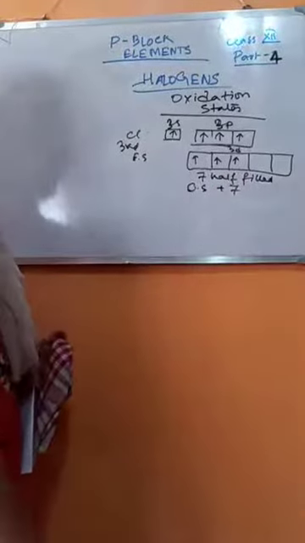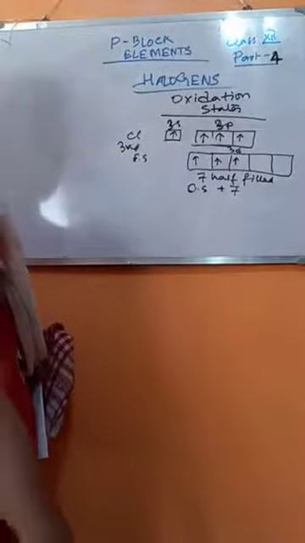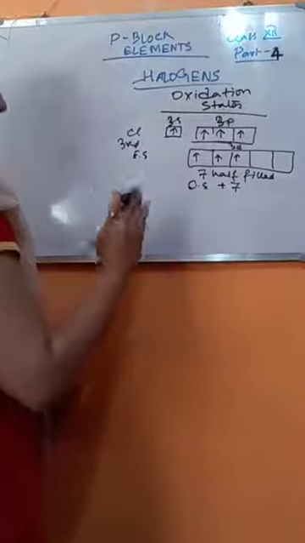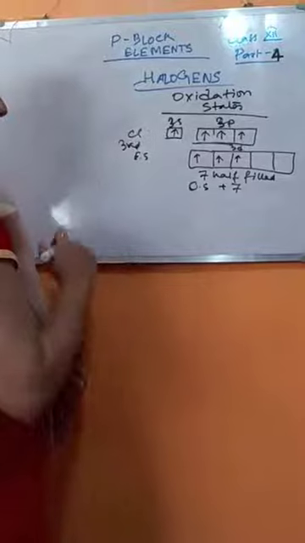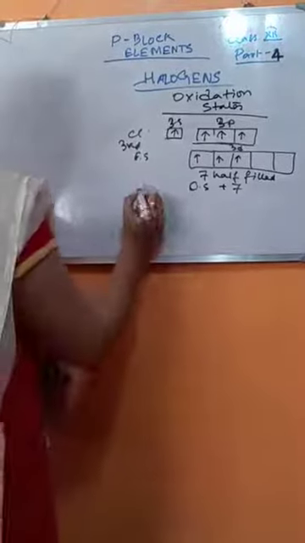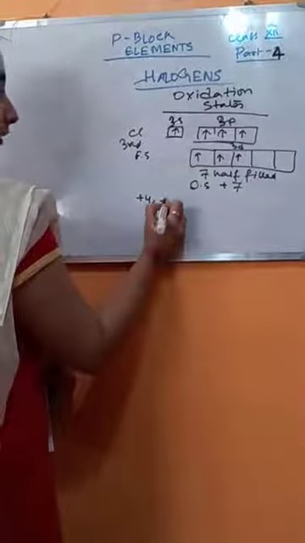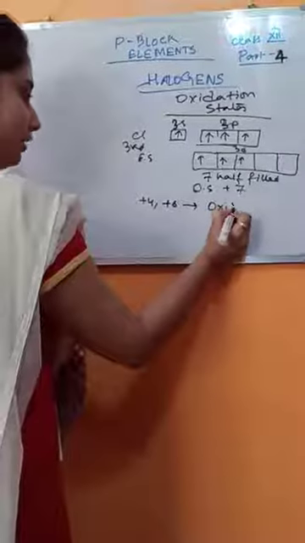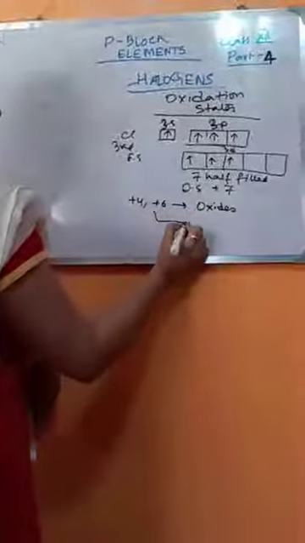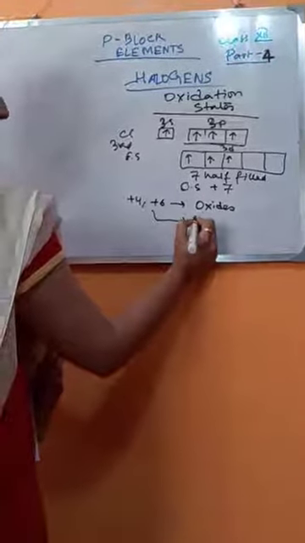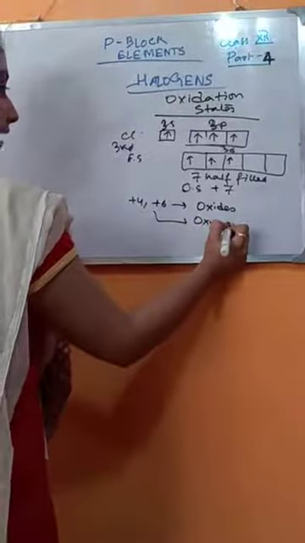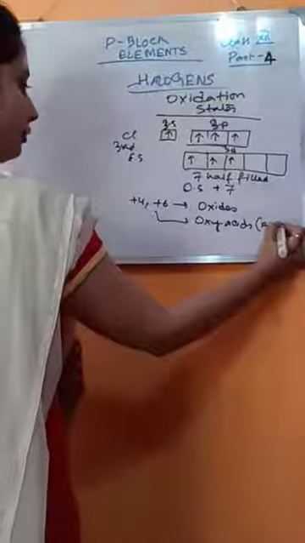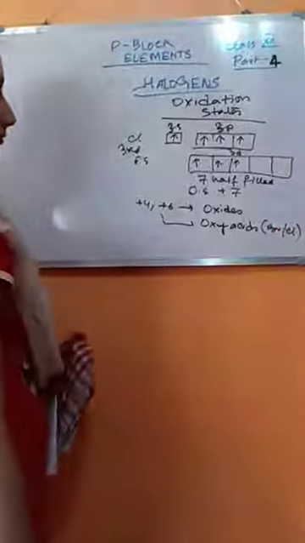So fluorine only has the -1 and +1 oxidation states, whereas the others, chlorine, bromine, iodine, will have +3, +5 and +7 oxidation states. They can also form +4 and +6 oxidation states for oxides, while oxy acids will be formed only for bromine and chlorine.